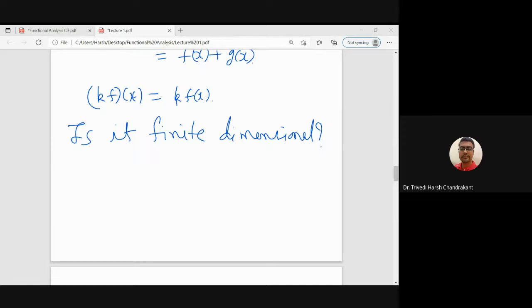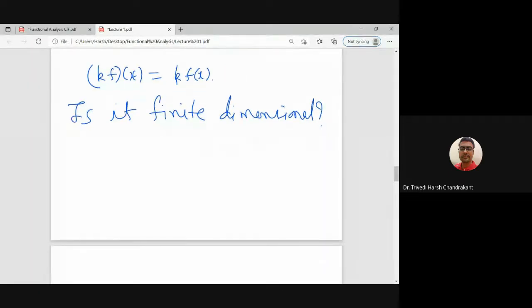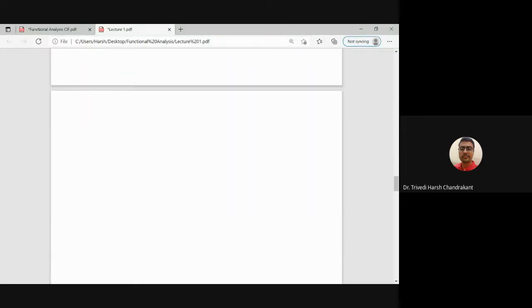For proving that the dimension is infinite, let us start by assuming the dimension is finite. We are discussing dimension. So how do we find a basis in a vector space?